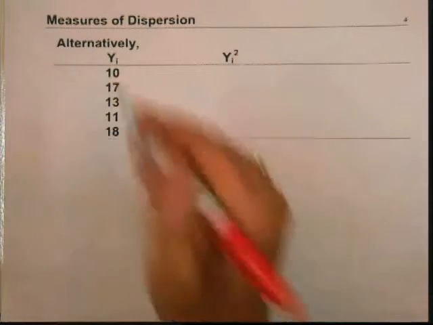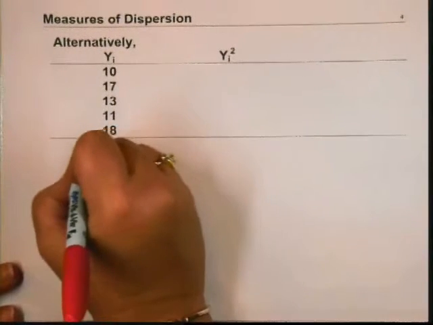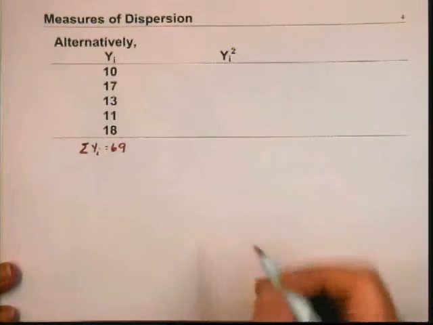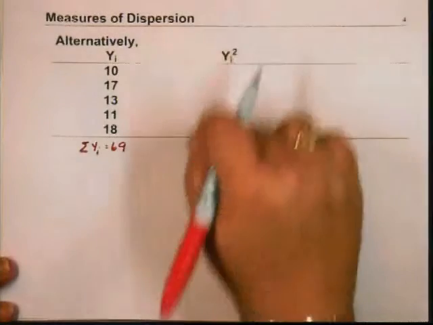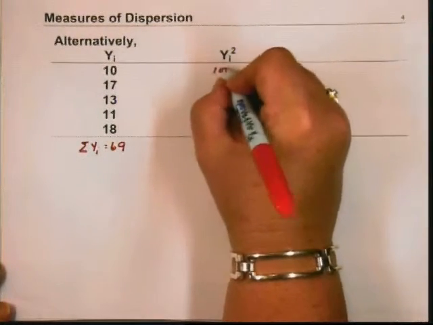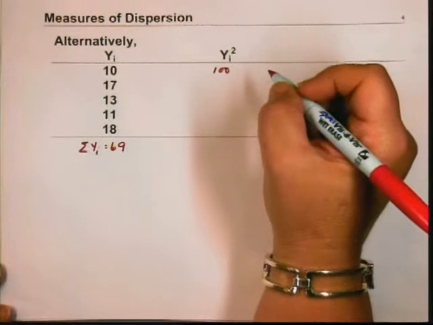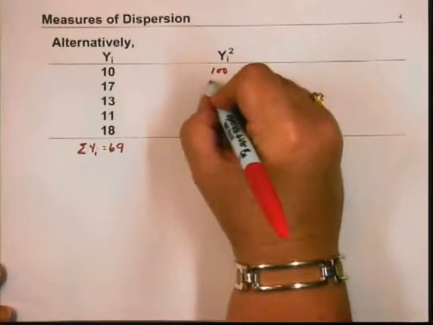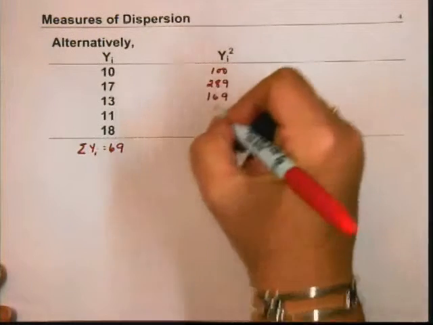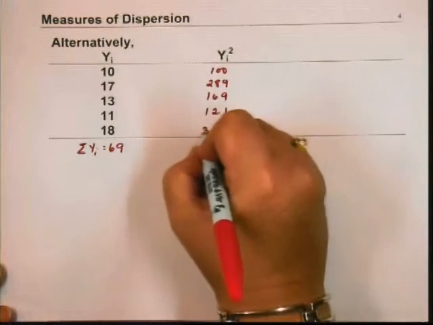Here are our yi's, and we already know the sum of our yi's from the previous page is equal to 69. For the sum of the squared yi's, we still have lowercase n opportunities to make a mistake, but it's less than before. 10 squared is 100, 17 squared is 289, 13 squared is 169, 11 squared is 121, 18 squared is 324.